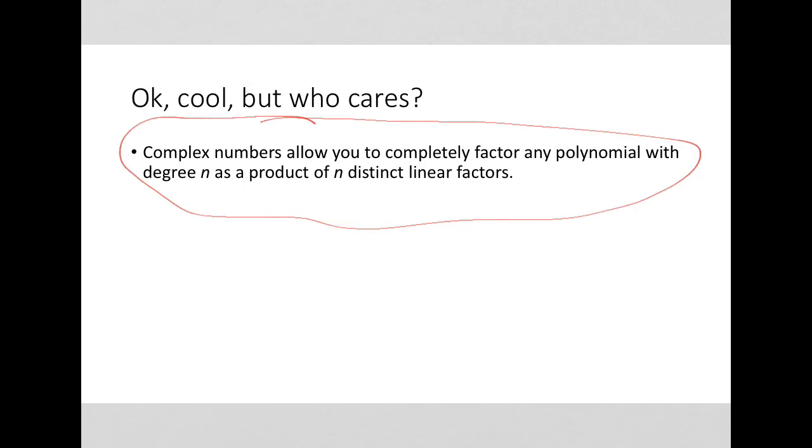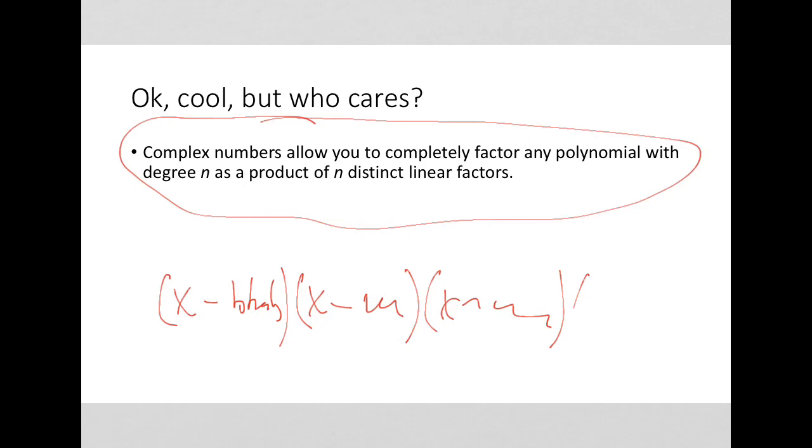So that means if we have a quartic function, x to the 4th plus 3x cubed minus 27x plus 28, we could factor that as x minus blah times x minus blah times x minus blah times x minus blah, with our a coefficient out front.